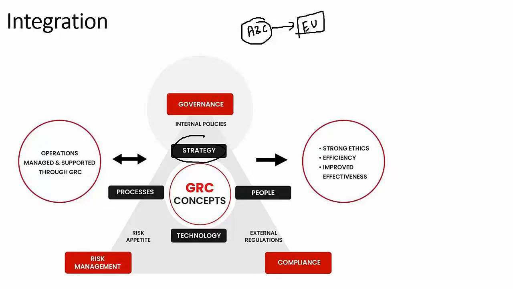Now, one of the primary regulations in Europe is GDPR. So we have a regulation called GDPR. ABC is the name of the company, and they are operating in the EU, and they need to comply with the regulation.